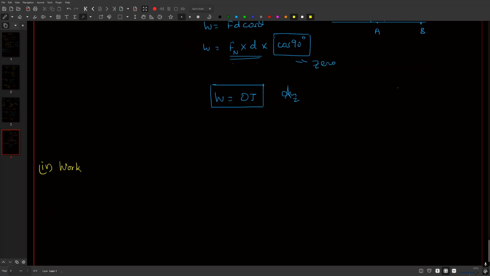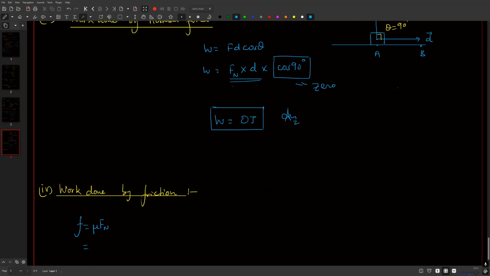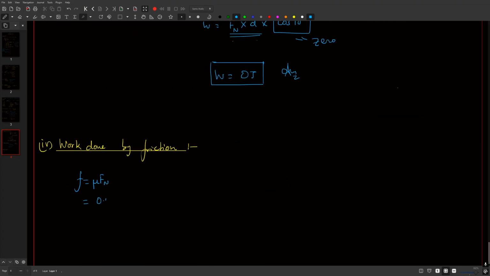So work done by friction, first we need to calculate the force of friction, which is mu Fn. Now mu is 0.4, Fn we have already calculated, this is 13.5. So this is 0.4 times 13.5. That is the force of friction.